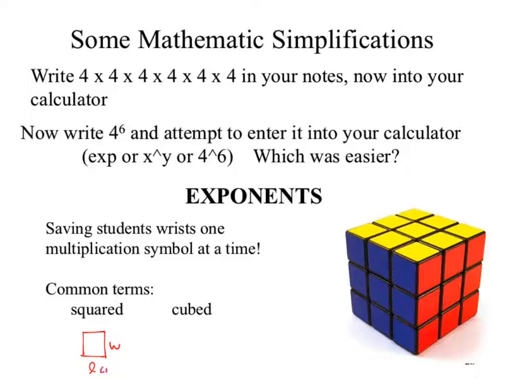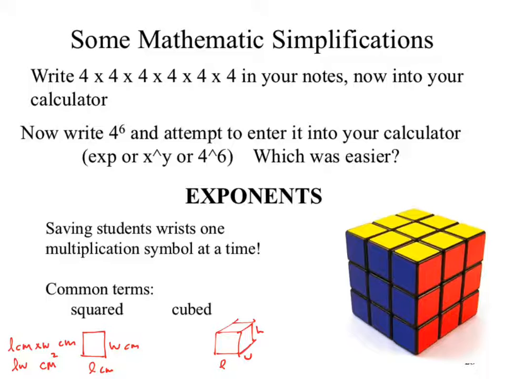If those were centimeters, this would be the length centimeters times the width centimeters, and I would get, for lack of a better description, LW centimeters squared. Why cubed? Because when we look at a cube, we now have a 3-dimensional object. We added a new dimension: length, width, height, and we get centimeters cubed.